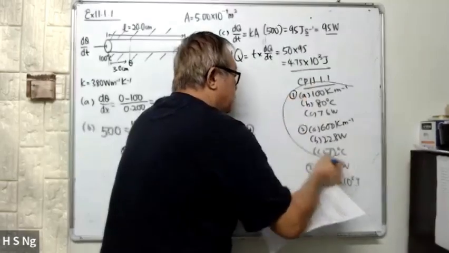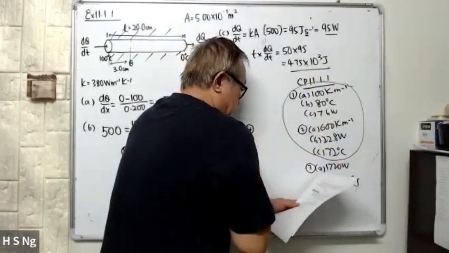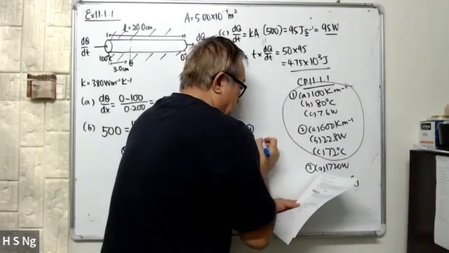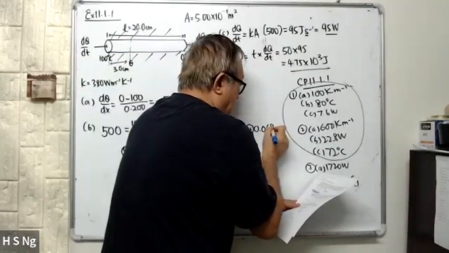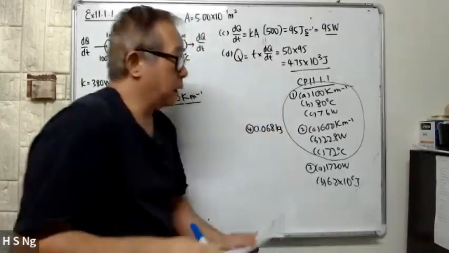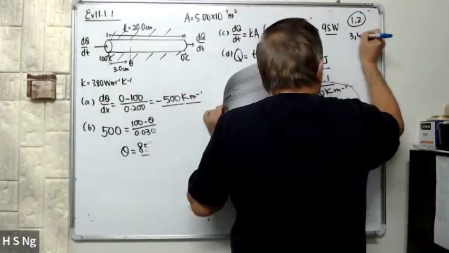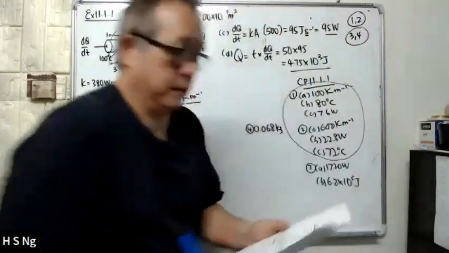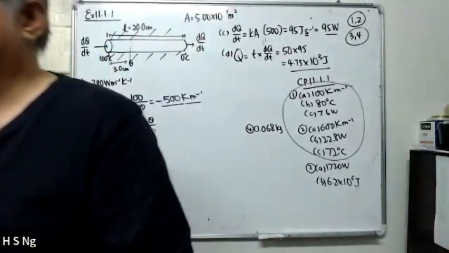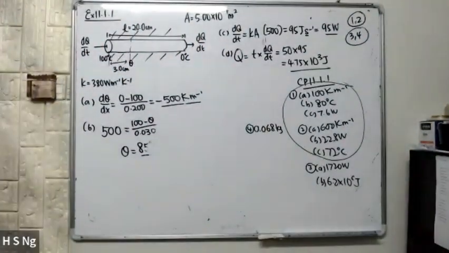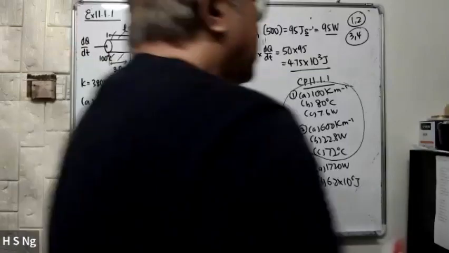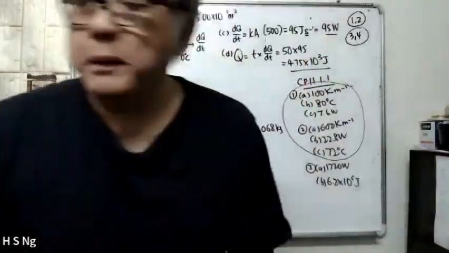Now finish these two and then finish 3, 4. We'll do 1, 2, 3, 4, and then we go on to the next one. The next one we will tackle the question that might come out in the exam.